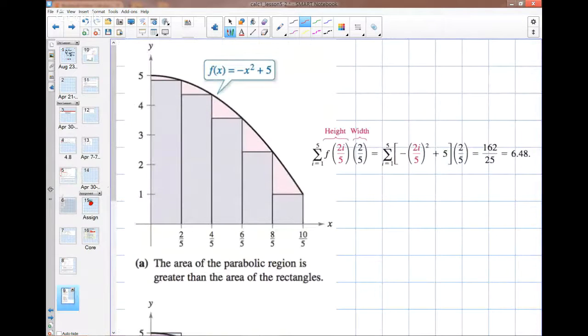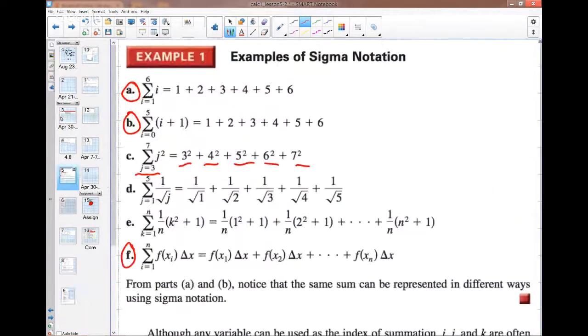Okay, and back where I was, this is basically the width of those rectangles, delta x, how far you're moving over each time, and this is the height. The y coordinate of the function, f of x, whatever number you're on.